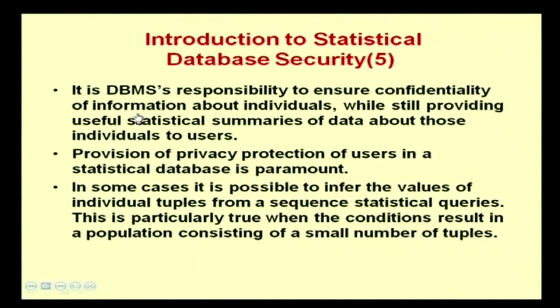It is the DBMS's responsibility to ensure confidentiality of information about the individuals while still providing useful statistical summaries of data about those individuals to users. So, provision of privacy protection of users in a statistical database is very important. In some cases, it is possible to infer the values of individual instances from a sequence of well-established queries. This is particularly true when the conditions result in a population consisting of a small number of tuples.